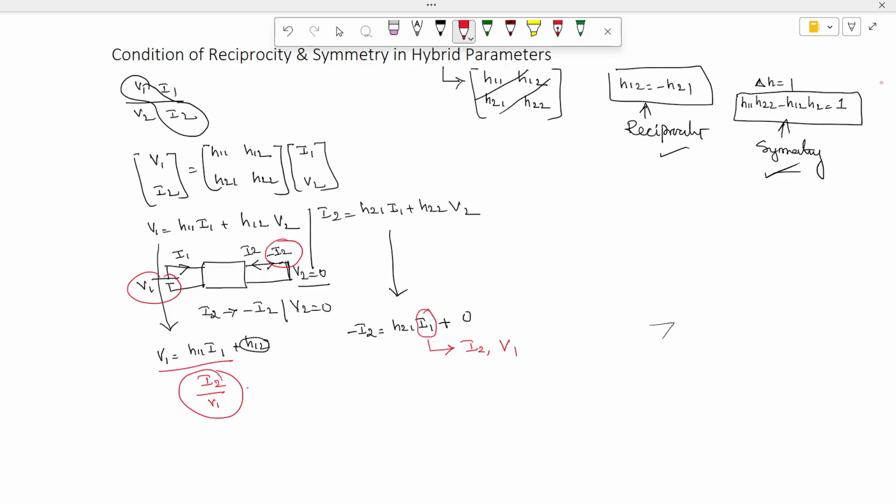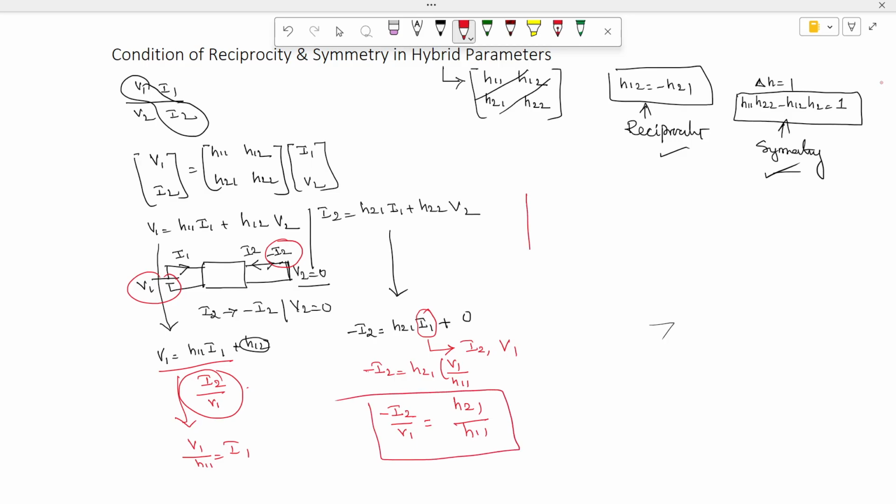From this expression, I can write I1 as V1 by H11. Substitute this in this expression. So I2 is equal to H21 I1, and I1 is V1 by H11. Therefore, when you find I2 by V1, the response to the excitation is H21 divided by H11, which is our ultimate equation.